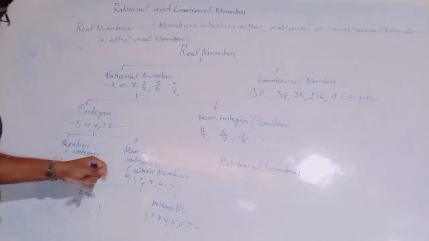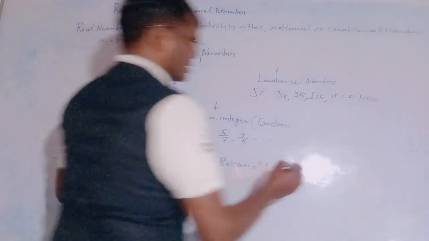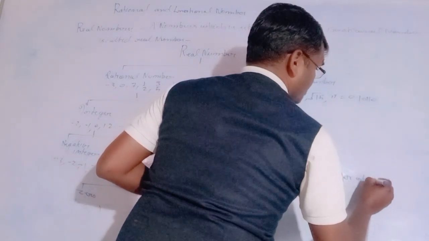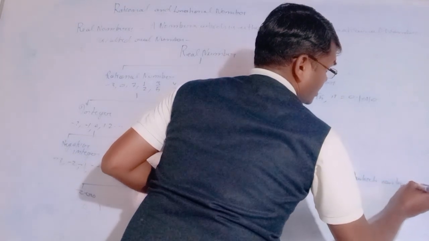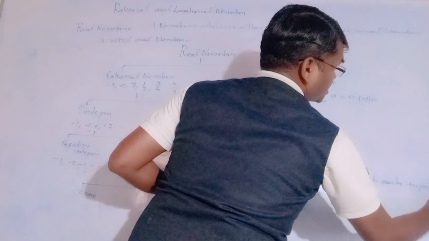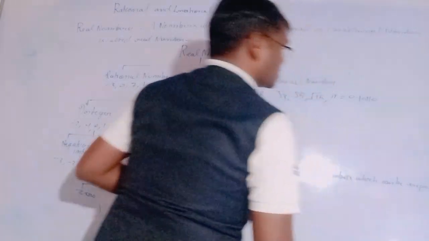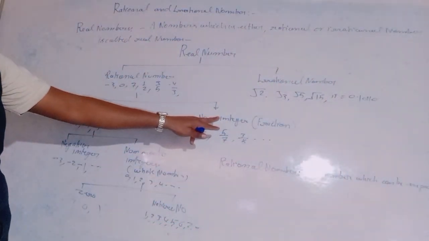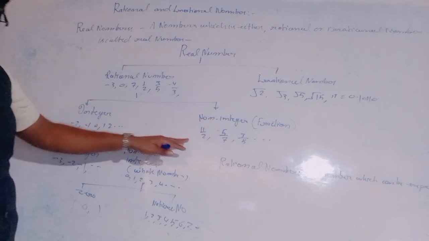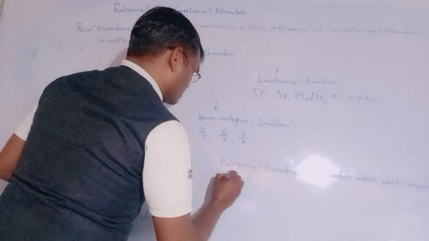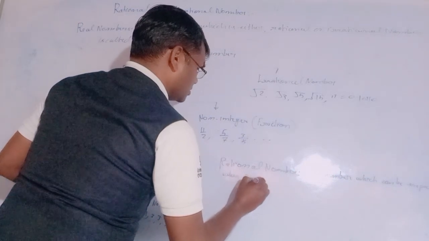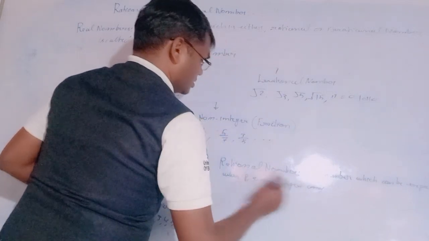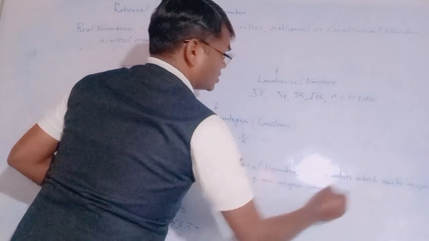Rational numbers are numbers which can be expressed in p by q form, where p and q are integers and q is not equal to 0.